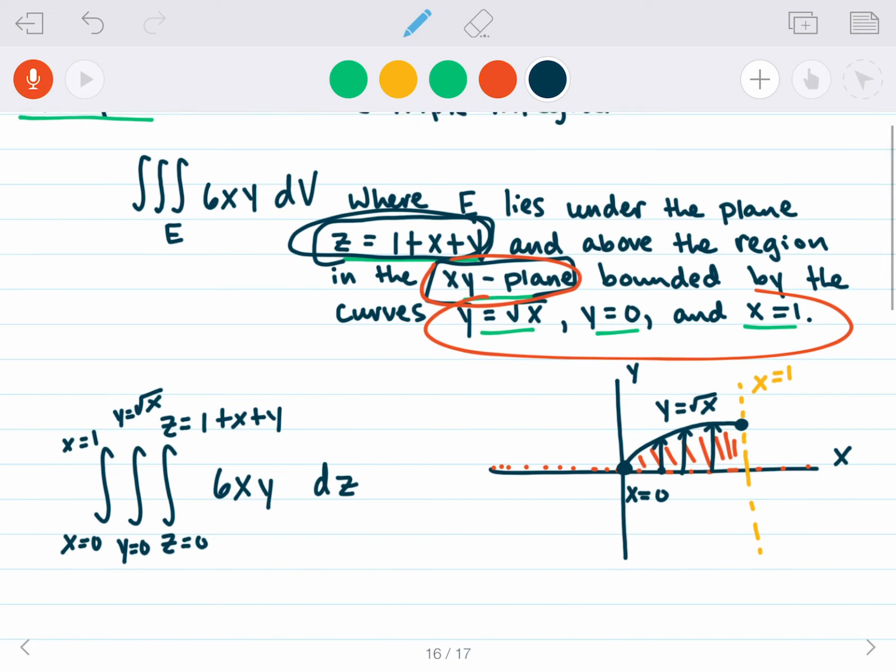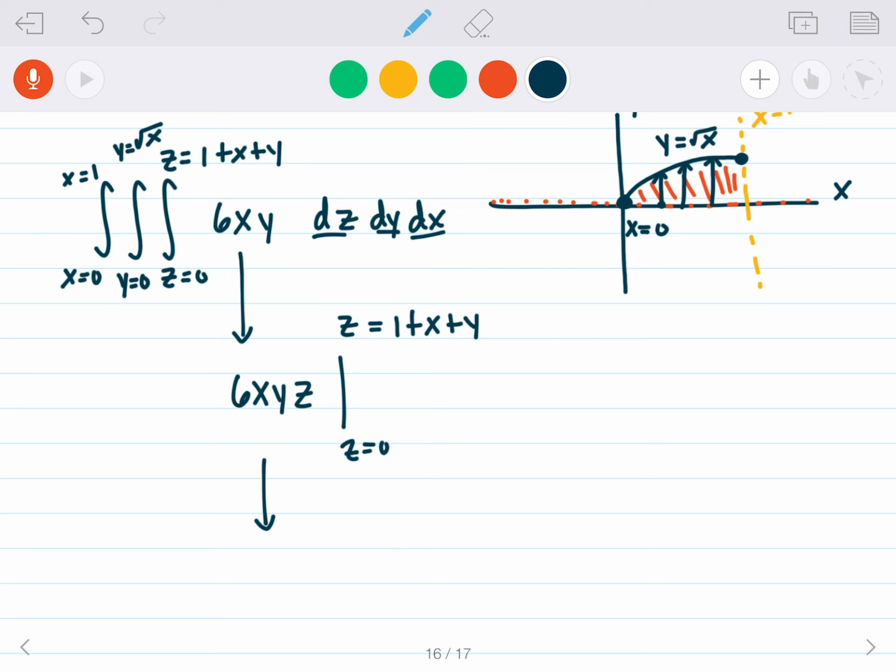When I plug in the z, it's going to be 6xy times 1 plus x plus y. And I might as well distribute this. This is going to be 6xy plus 6x squared y plus 6xy squared.